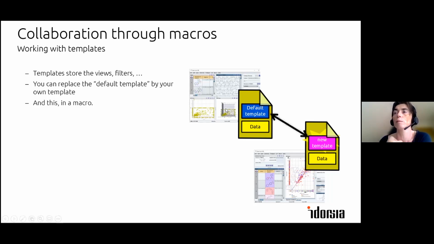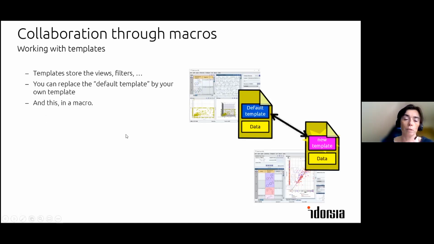DataWarrior has created a template because none of them existed before. But you can replace this template, these views, by another one. And this is just one task. So instead of having 20, 40 tasks for setting up the views, you can just apply a new template.